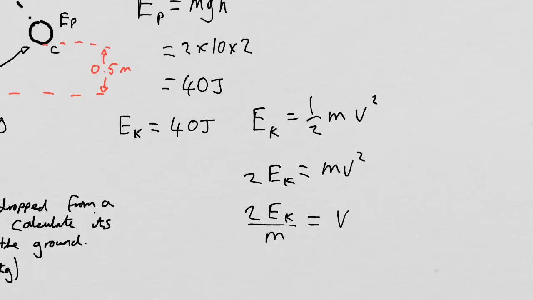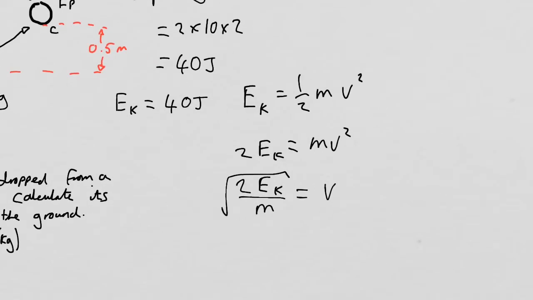If we want to get rid of that v squared, we can just do the square root here. So you could just plug in 2 times the kinetic energy, which is 40, divided by the mass, which was 2 kilograms, square root it, and whatever you get from that equation, I haven't got a calculator to hand, you get as your velocity.